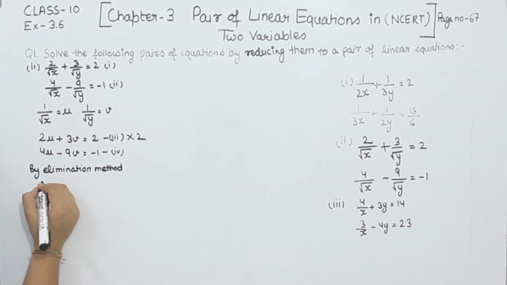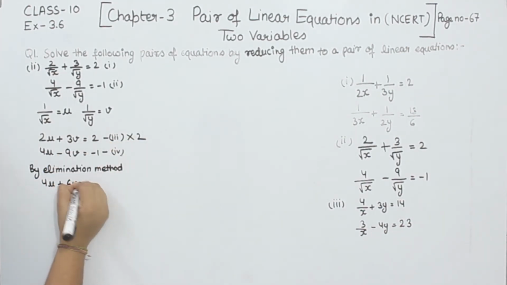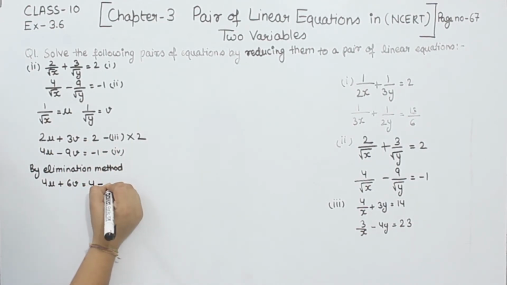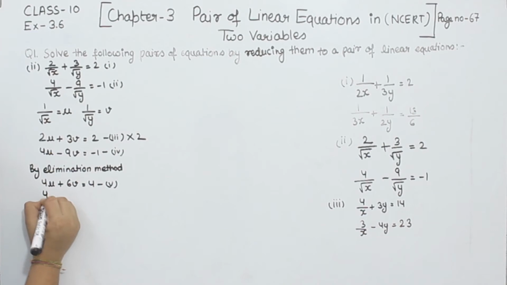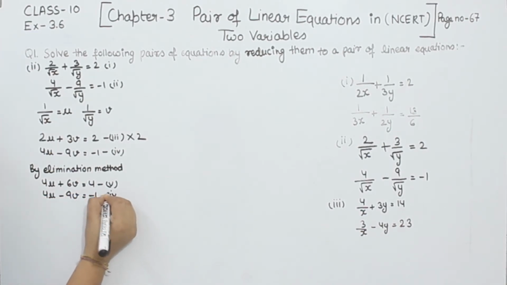So we have 2 2s are 4, 4u plus 3 2s are 6, 6v, and 2 2s are 4. This is equation number 5, and equation number 4 we keep as it is. So we have two equations.